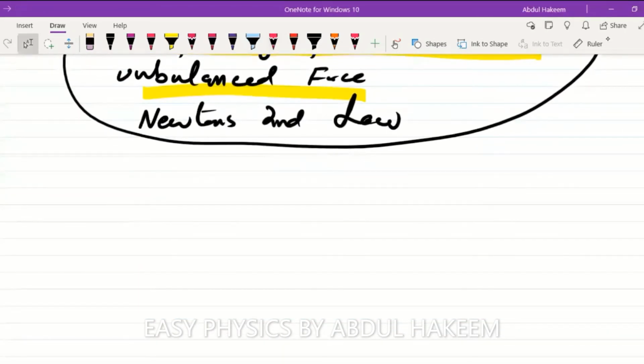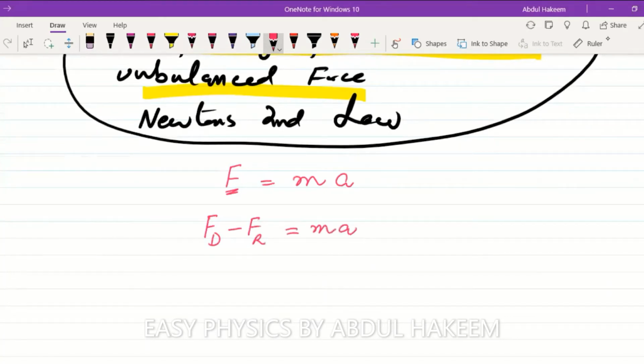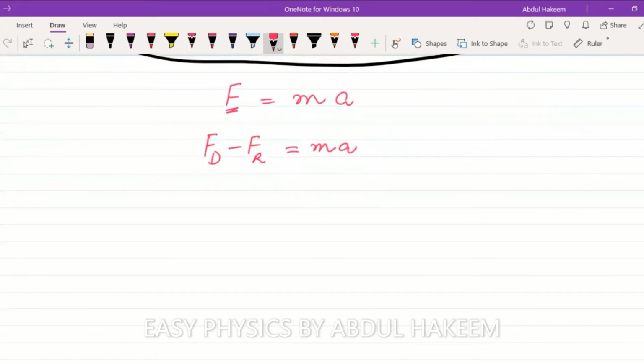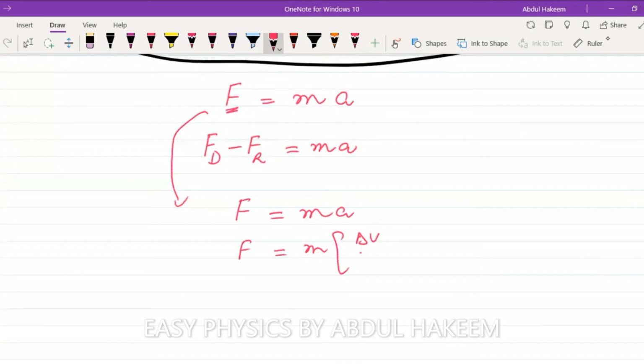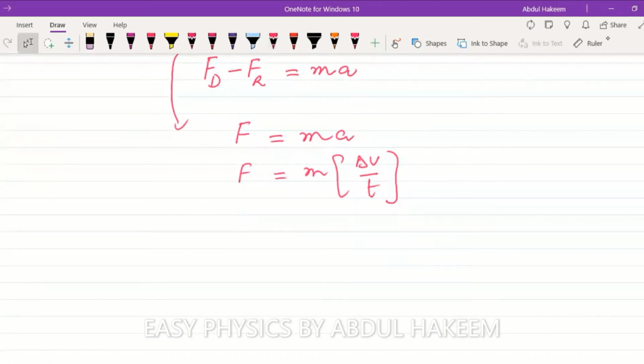Okay, according to Newton's second law, the resultant force F is equal to ma. And this resultant force, this unbalanced force, is actually the difference of driving force minus resistive force. So F is equal to ma can be written as m times change in velocity divided by time, because acceleration is the rate of change of velocity.